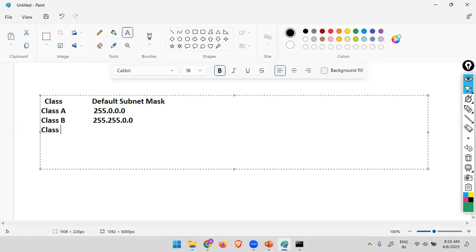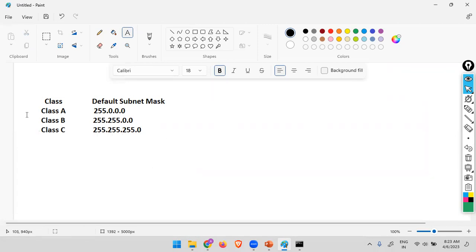For class C, the default subnet mask value is 255.255.255.0. These are the default values.